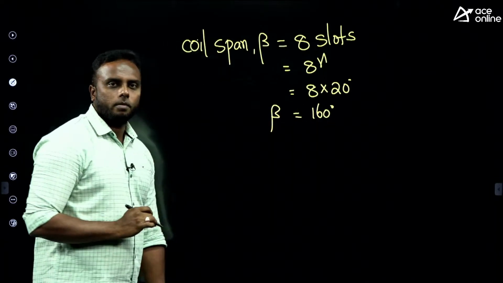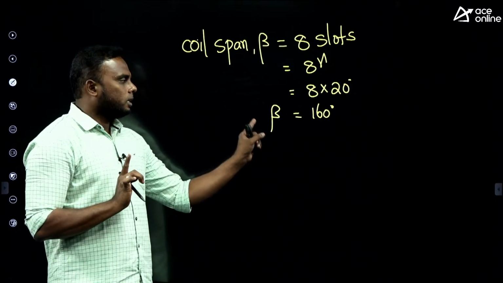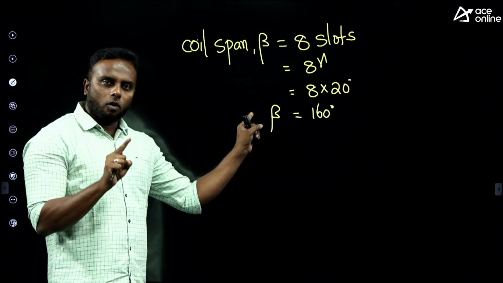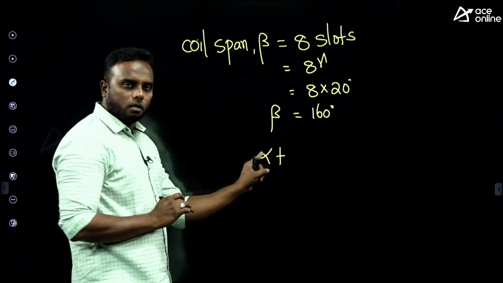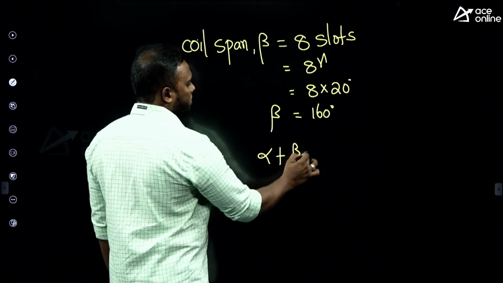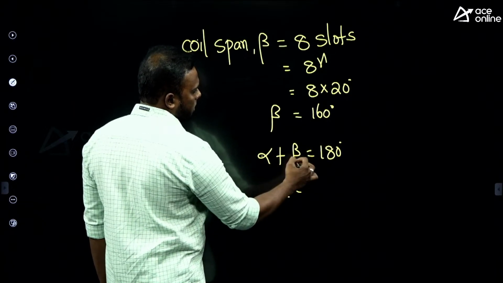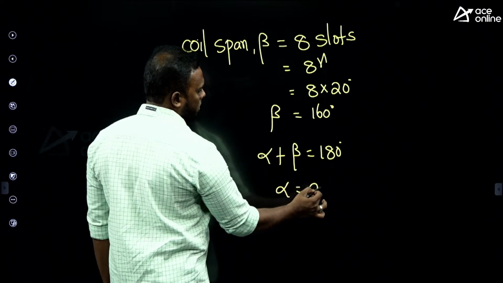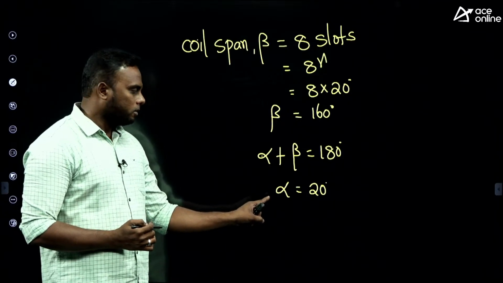Coil span it is. From the short pitch winding concept, the sum of the short pitch angle and coil span must be 180 degrees. Alpha is the short pitch angle, so alpha plus beta must be 180 degrees. From here, alpha is 180 minus beta. Beta is 160 degrees, so the short pitch angle alpha is 20 degrees.